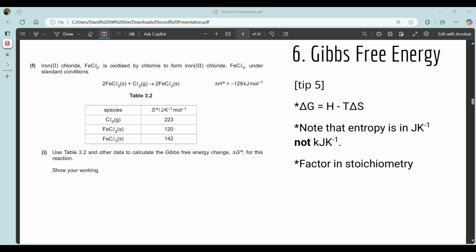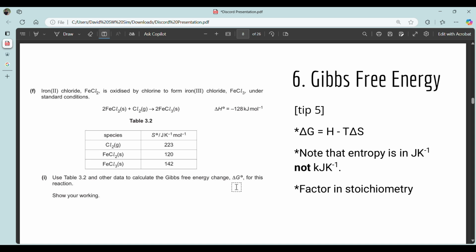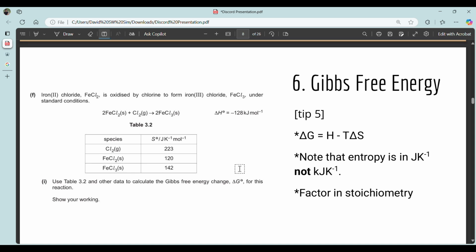Now let's move on to also Gibbs free energy. Using what I've explained earlier, I want you to calculate the Gibbs free energy for this.